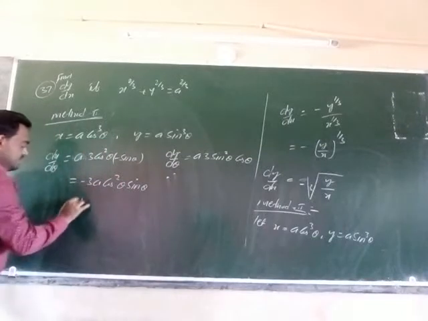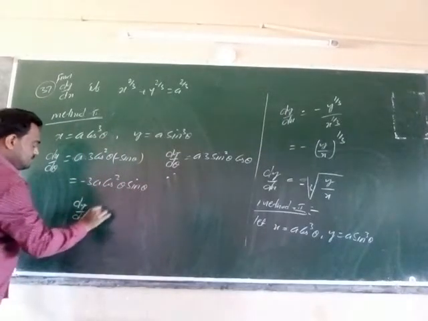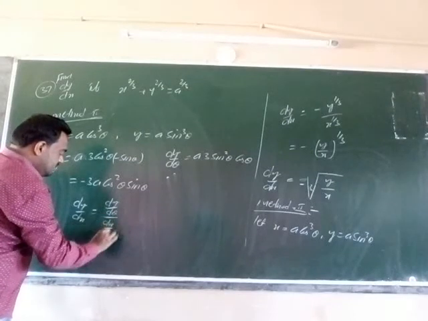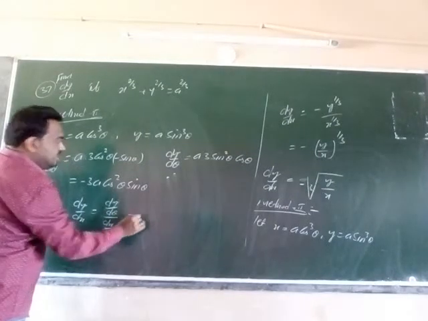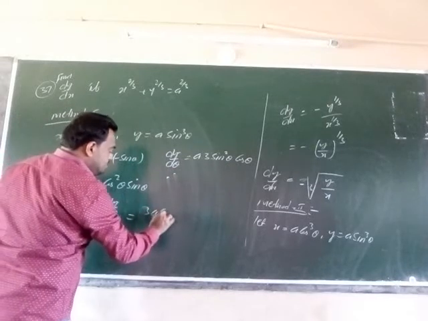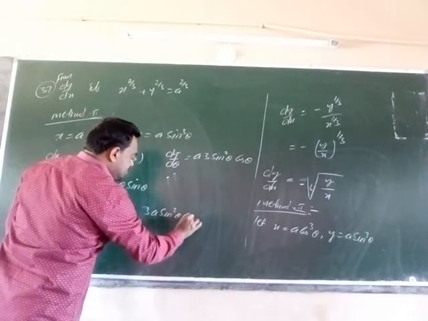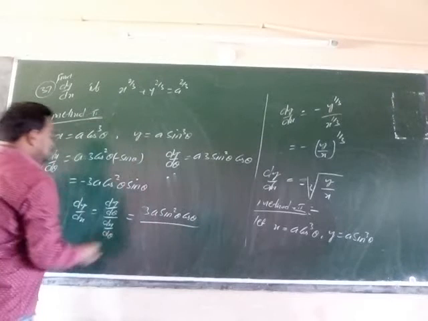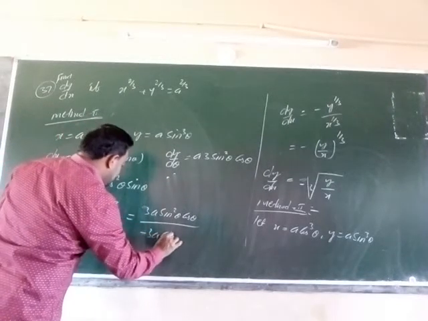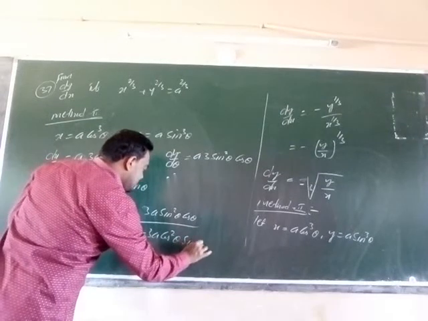Now dy by dx is equal to dy by dt by dx by dt. So dy by dt is 3a sin square theta cos theta, divided by dx by d theta, which is minus 3a cos square theta sin theta.